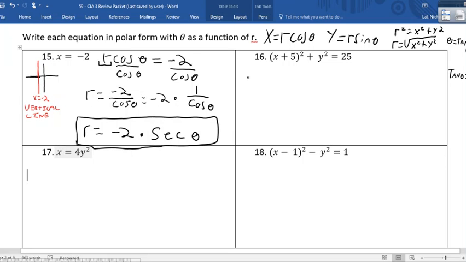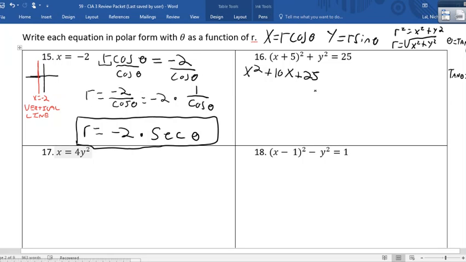So x plus 5 squared is going to expand to x squared plus 10x, since 2 times 5 is 10 times x is 10x, plus 5 squared is 25.